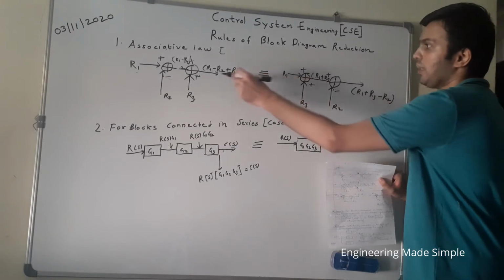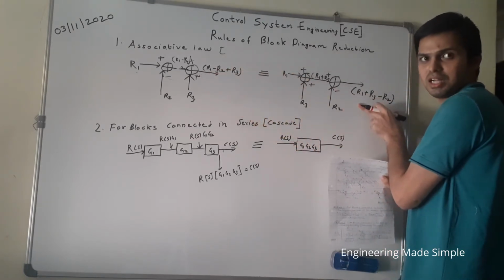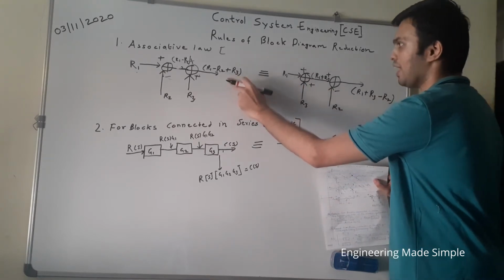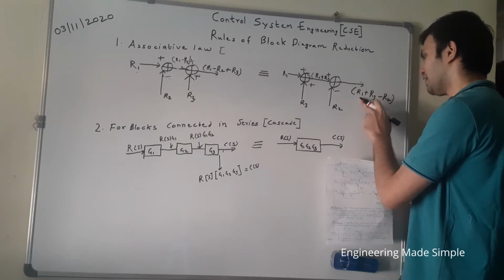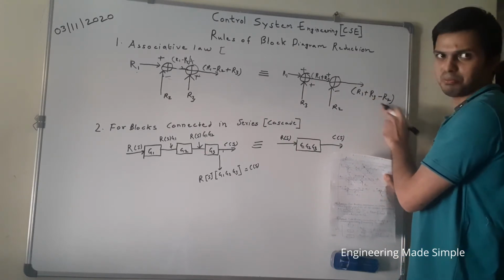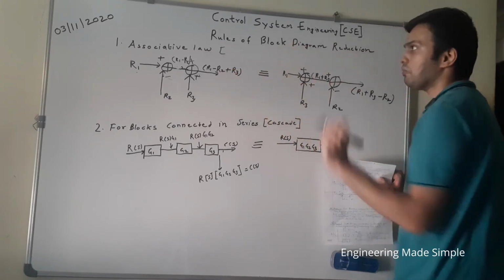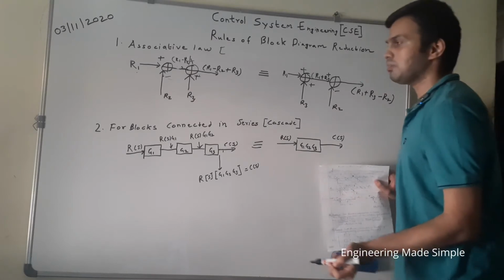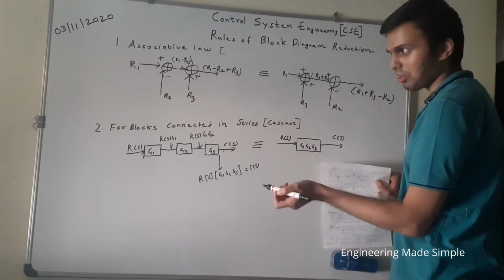So compare both the outputs, before manipulation and after applying the reduction rule. The output remains the same because R1 minus R2 plus R3 is the same thing as R1 plus R3 minus R2. Both are the same. That is our ultimate objective when we are doing any mathematical reduction or simplification: the output at a particular node should not change.